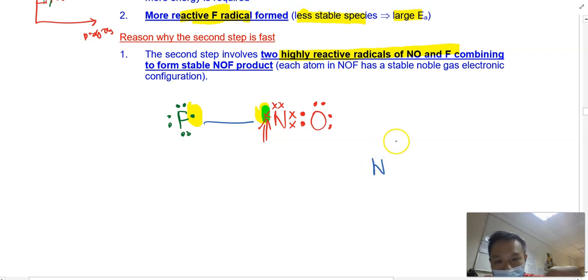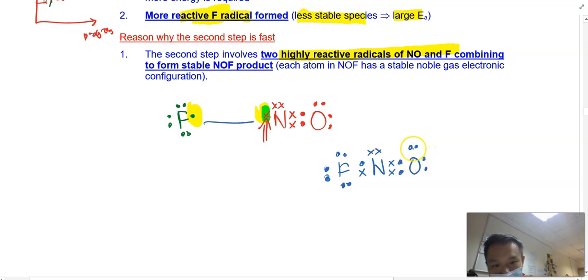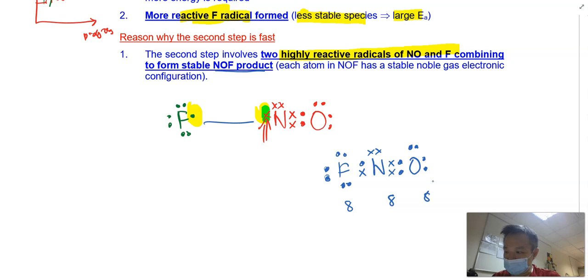So as a result, you form your NOF, or ONF. So we form a stable NOF product. Each atom has your octet, 8, 8, 8 configuration. So that's the end of question 5.